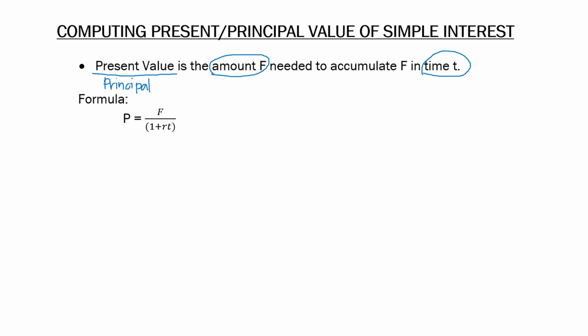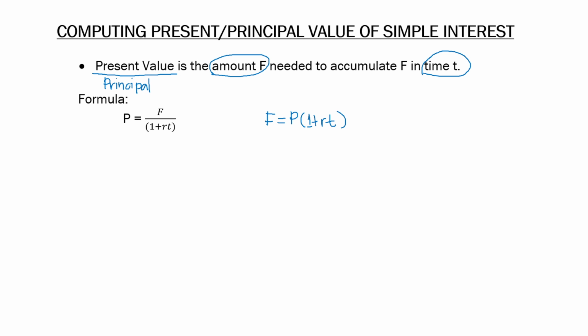From the previous video, we have the formula final value or future value is equals to P multiplied to the quantity of 1 plus RT. So karon atong ipangita man kay si P, so atong i-isolate si P, dapat si P ra ang mahibilin dari nga side.